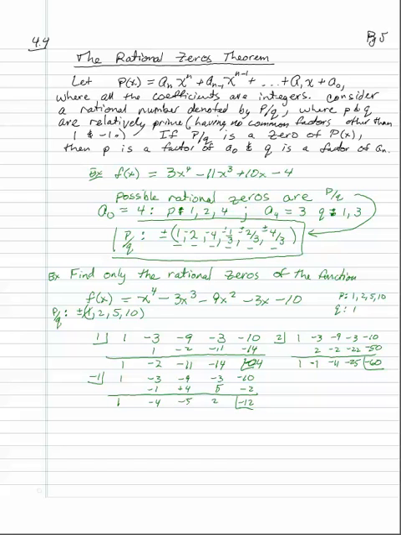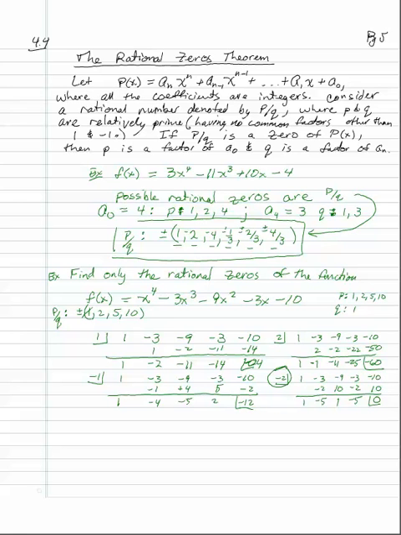Now let's try negative 2. So 1, negative 2, 10, negative 2, 10. Oh, that one works. Hooray! And finally, after 4 tries, there's only 8 possibilities. So negative 2 works.